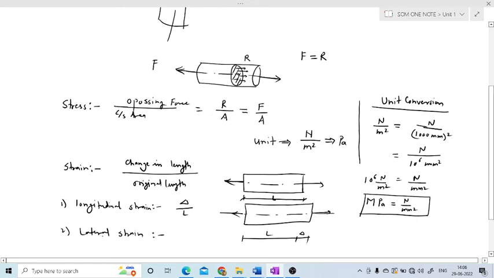Similarly, we can write for the lateral, but for that we will require the cross section dimensions. Suppose its cross section is diameter d. When the length increases, ultimately the diameter will decrease. So here I can write change in diameter, or change in cross section dimension, divided by original cross sectional dimension. So we determine the change in diameter and divide by the original diameter. This will provide you the lateral strain.